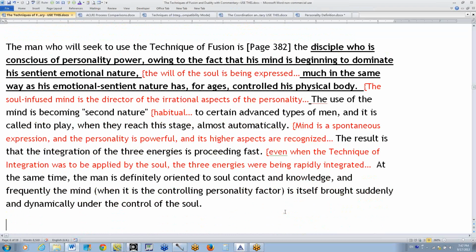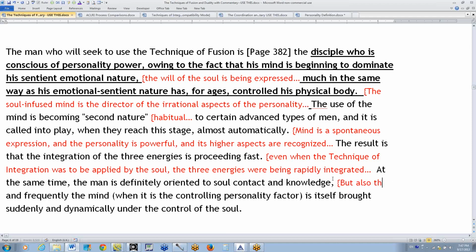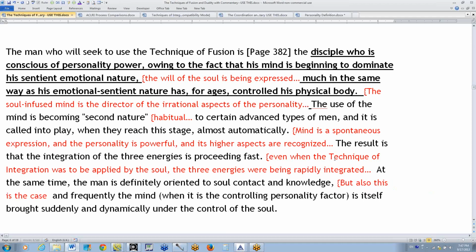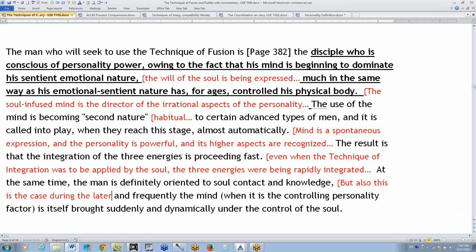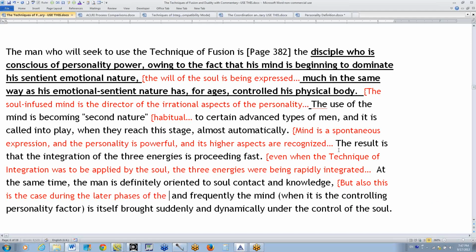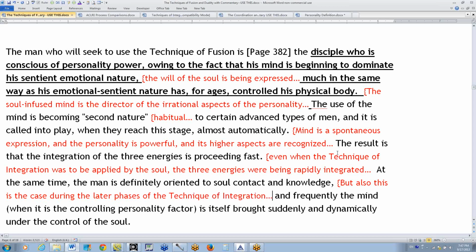At the same time, the man is definitely oriented to soul contact and knowledge, but also this is the case during the later phases of the technique of integration, and frequently the mind, when it is the controlling personality factor, is itself brought suddenly and dynamically under the control of the soul. Let's read that again.